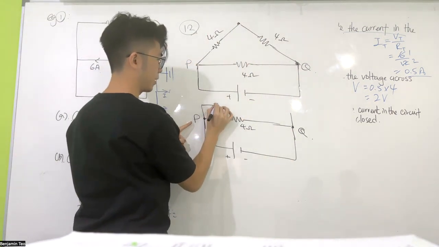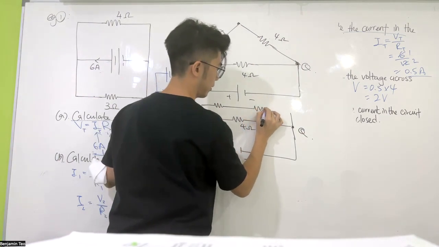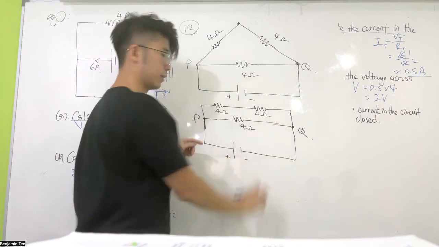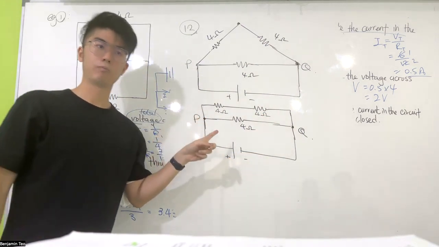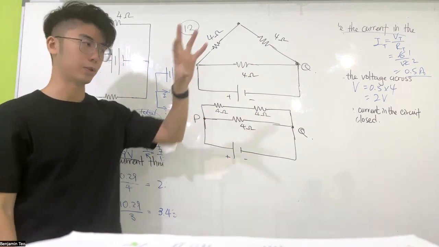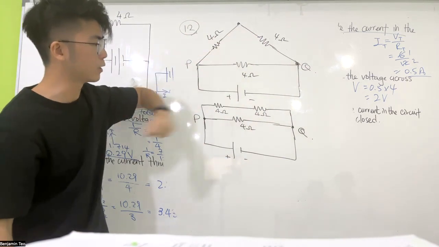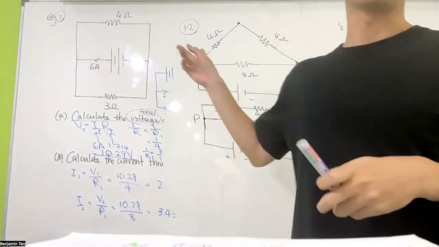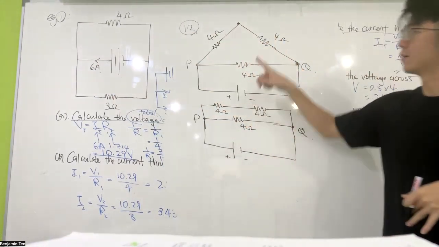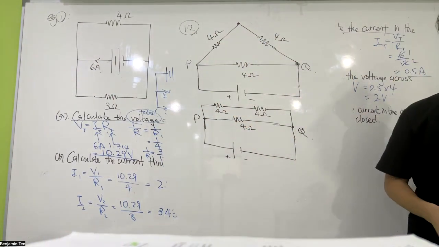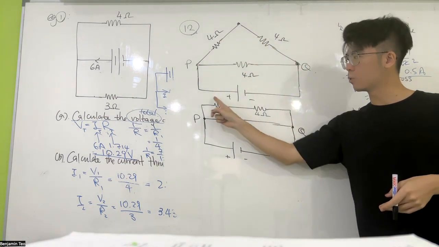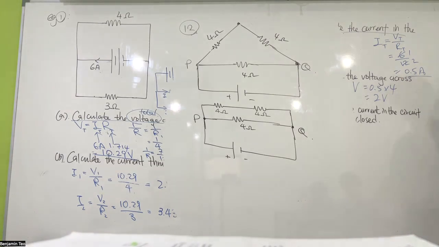That means I can put my resistors here and here. This is 4 ohm, this is 4 ohm. Basically, it's the same as this one. I'm just redrawing the circuit like this. Because in reality, it's just a wire. On paper, the circuit is drawn in this rectangular shape, but in reality, it's actually the same wire. So it's the same to think of it like this.